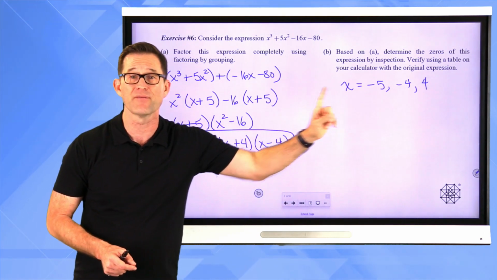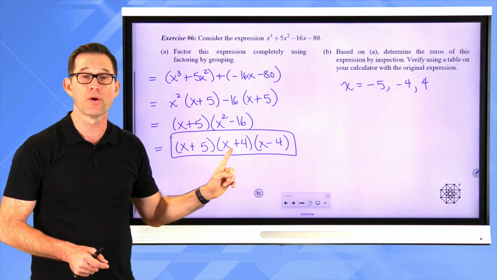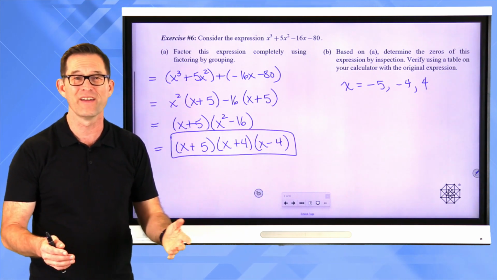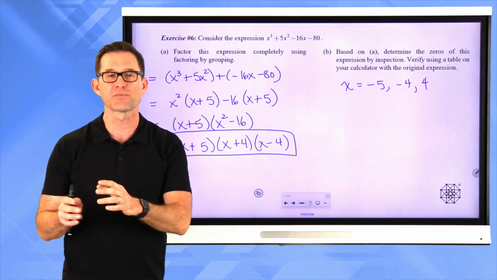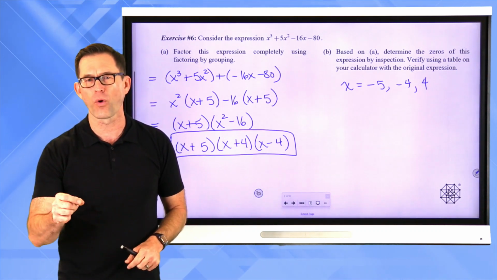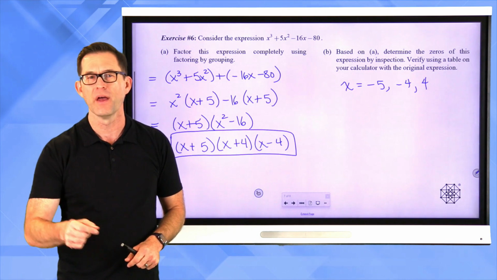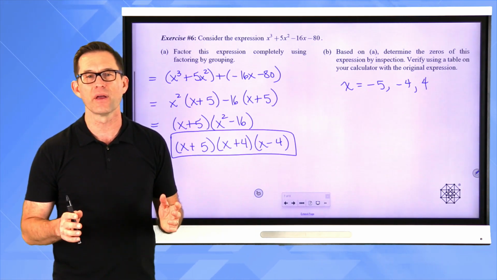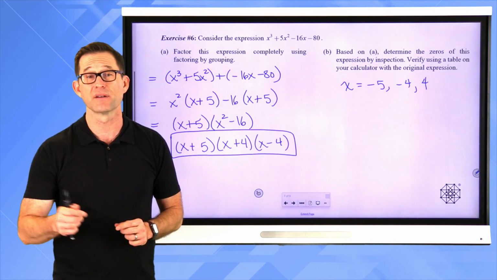Well, that's negative 5. Anything that'll make this equal to 0 will make the whole thing equal to 0. Well, that's negative 4, etc., right? And so writing an expression in a different form, in an equivalent form that reveals certain properties about the expression, can be very helpful in mathematics and science and other areas.